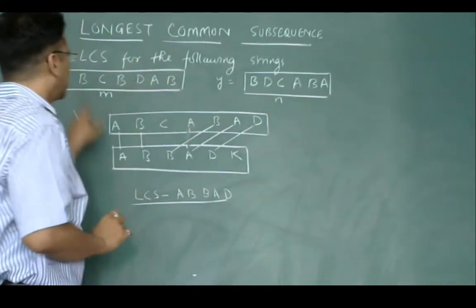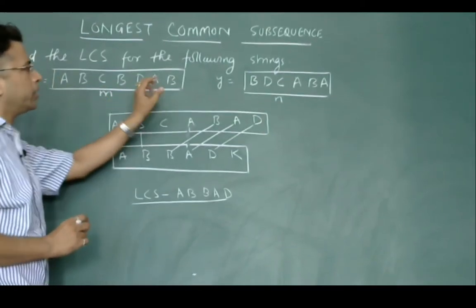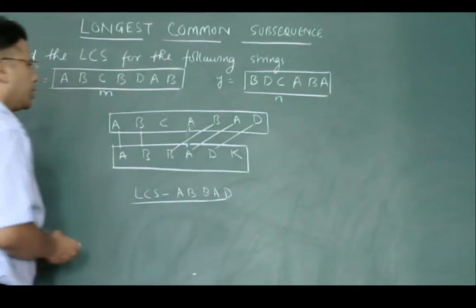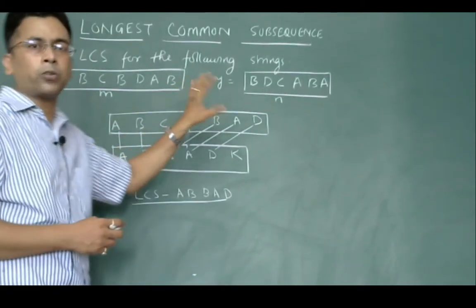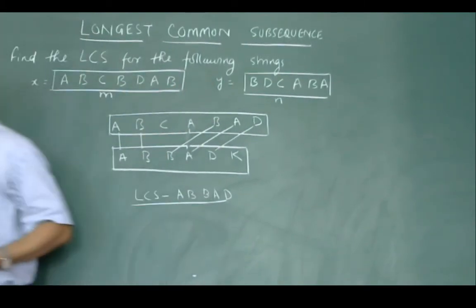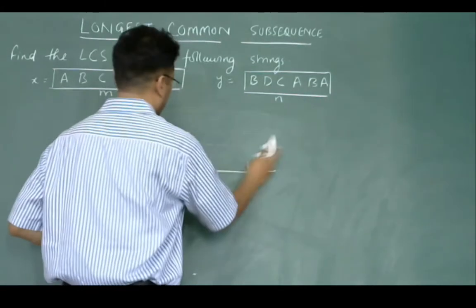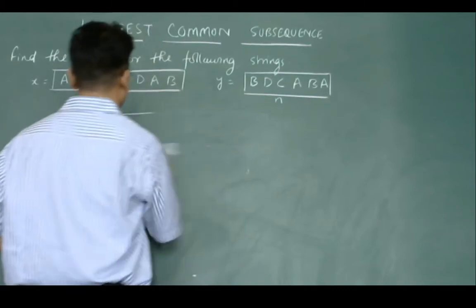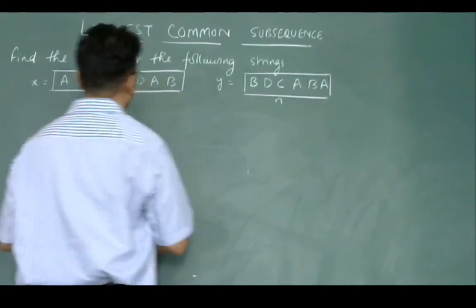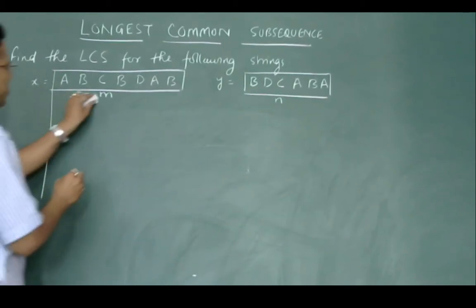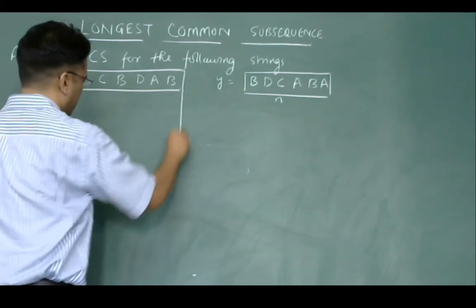Since the first string is of length 7 and the second string is of length 6, first we shall create a matrix of size 7 cross 6. So I am just creating a matrix, using the same letters as present here.